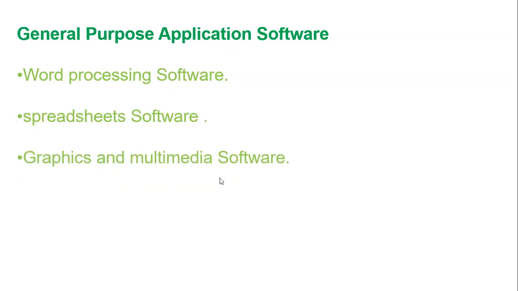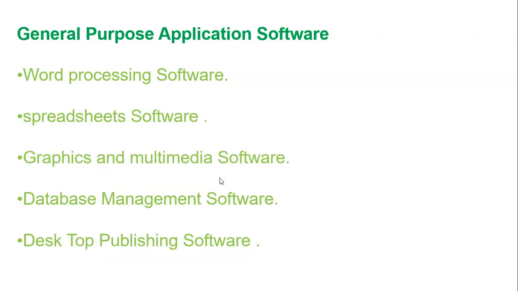Second one is spreadsheet software. Third one, graphics and multimedia software. Fourth one, database management software, in short we call it DBMS. Next one, desktop publishing software, in short we call it DPP. Last one is presentation software.